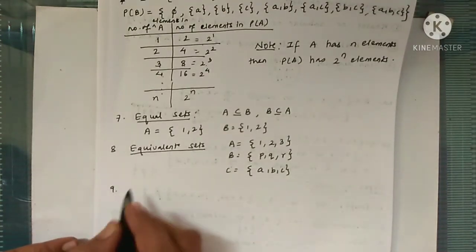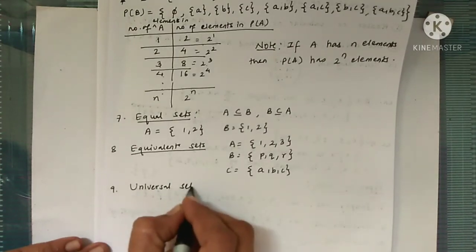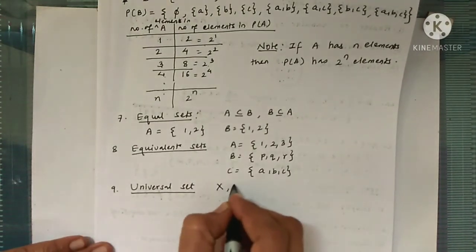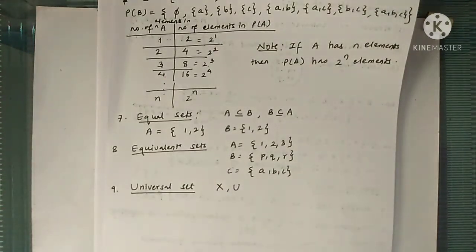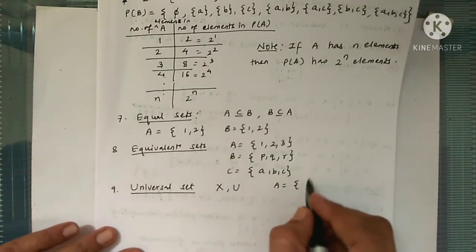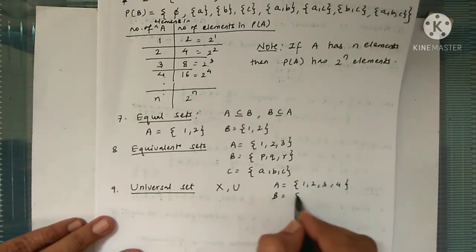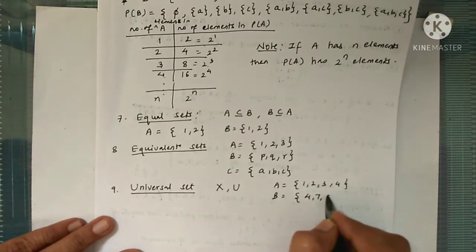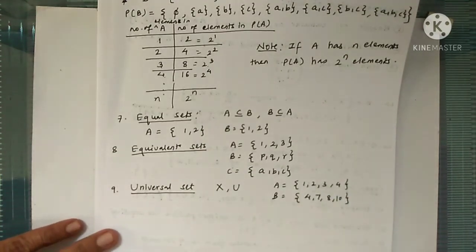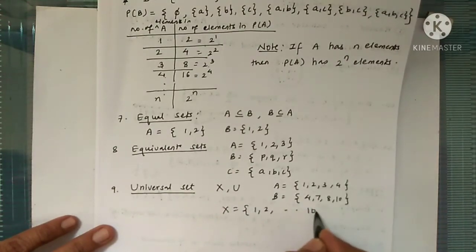And the more important one is the universal set. The universal set is denoted by X or U, and it is a set such that the sets under consideration are subsets of the universal set. For example, if we consider set A equal to the numbers 1, 2, 3, 4, and set B as 4, 7, 8, 10, like that, then in this case we can take the universal set as the set of numbers from 1 to 10.